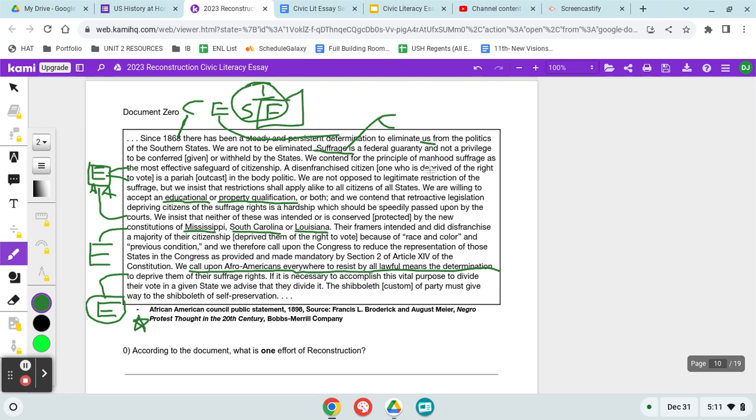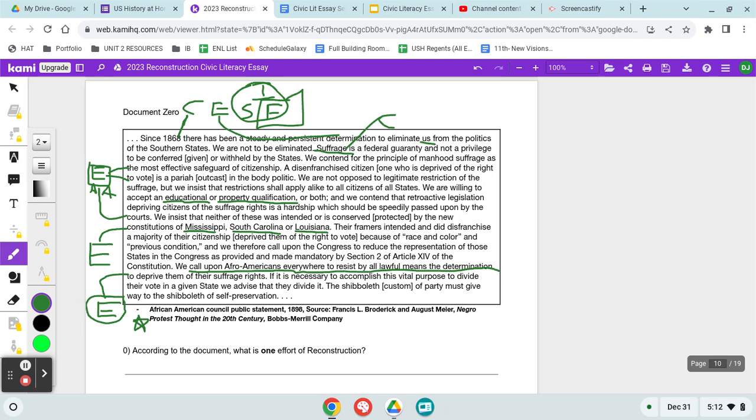Because if this entire document is talking about African Americans not being given the right to vote, or not enjoying the right to vote, even though they should have it in these states, there must have been a failure of Reconstruction somewhere along the way. So even though I probably won't use this document for the impact, I certainly could.